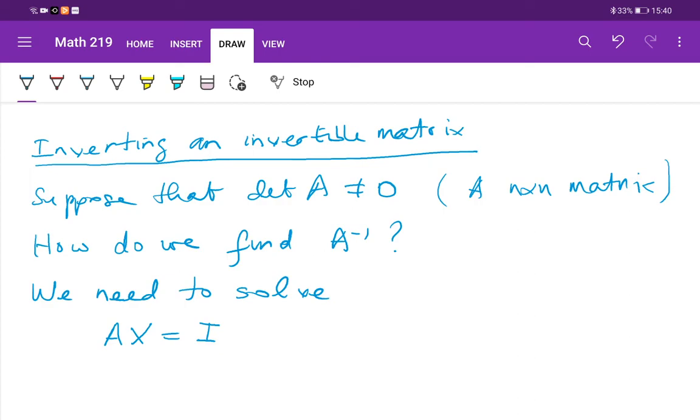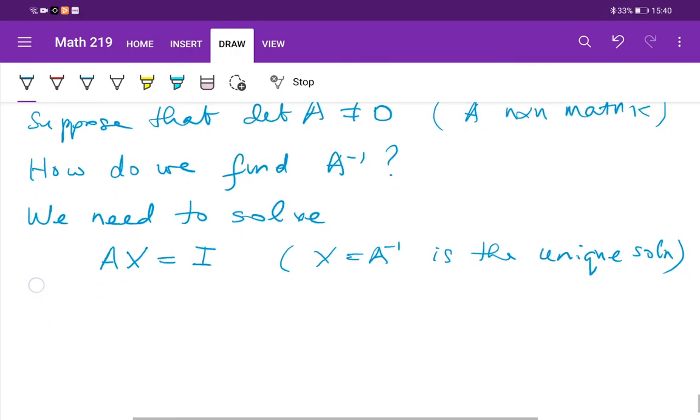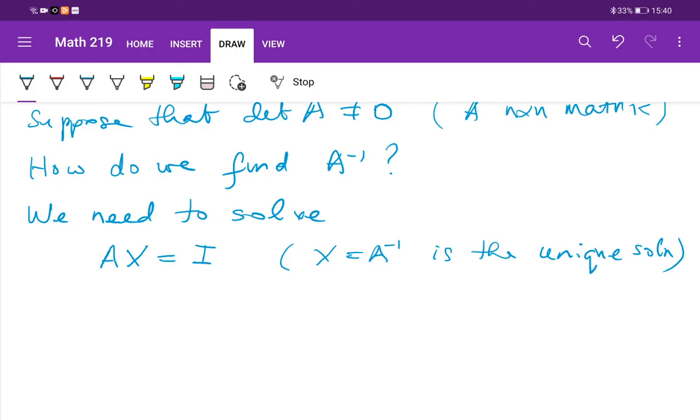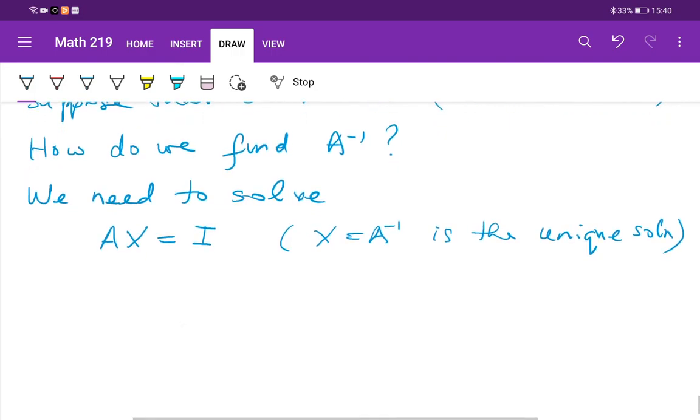In fact the unique solution of this is X = A inverse. Gaussian elimination will tell us how to find X, so we can apply it in this case as well.